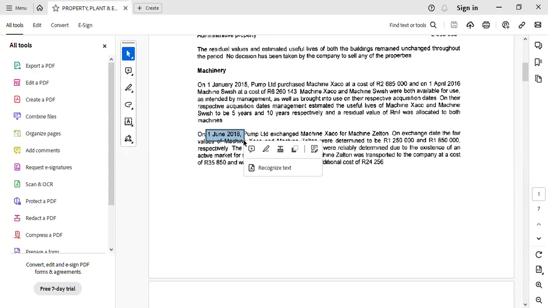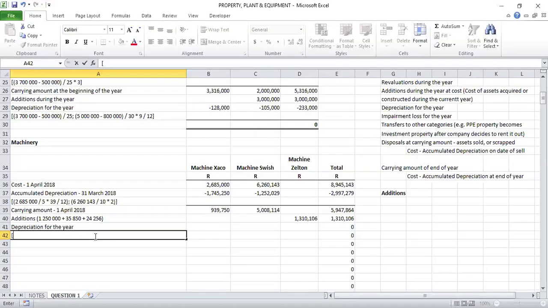We can't count June because it was only sold at the beginning. So the depreciation for Machine Shaku would now be 2685 divided by 5 multiplied by 2 divided by 12.